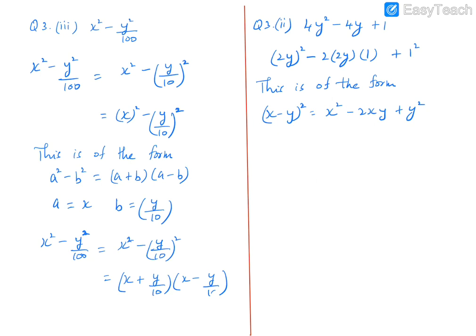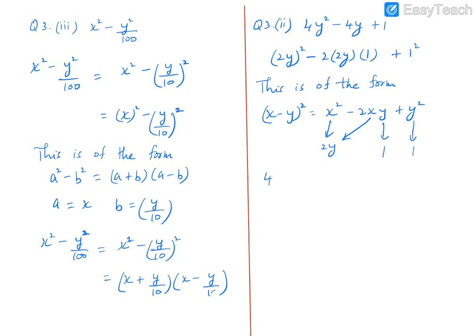If you compare this expression with this particular expression, you see that in place of x we have 2y, and in place of y we have 1. So x is 2y.